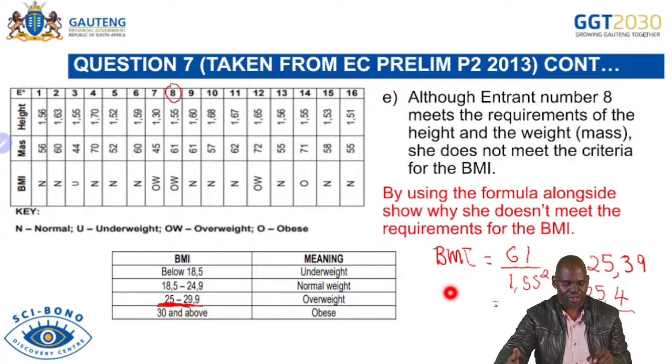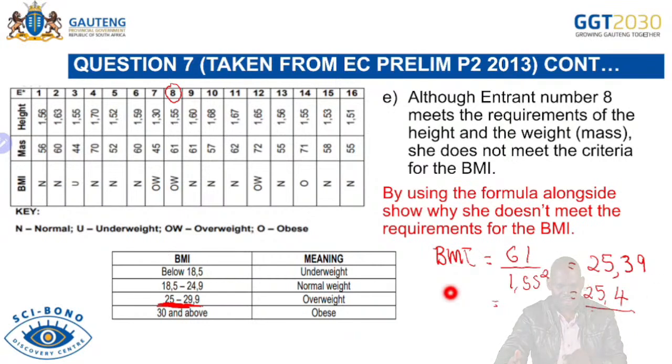According to the weight status, it's indeed overweight. So 25.4 is indeed overweight. Okay, so yeah, that's question 7.